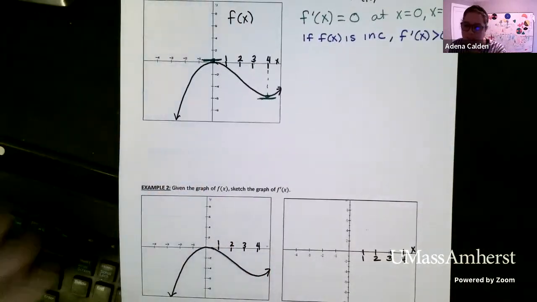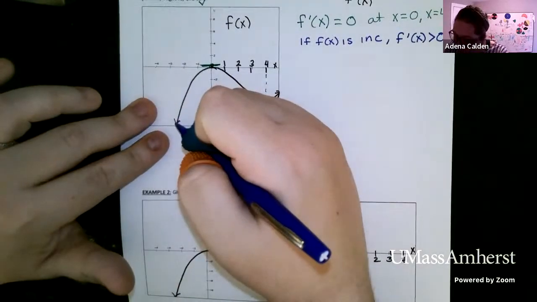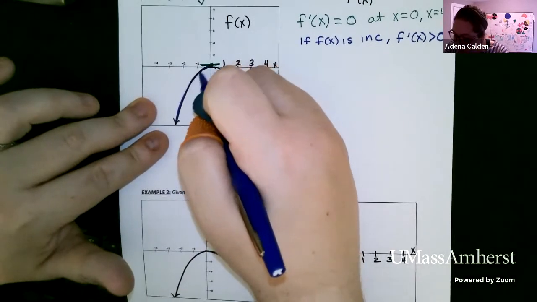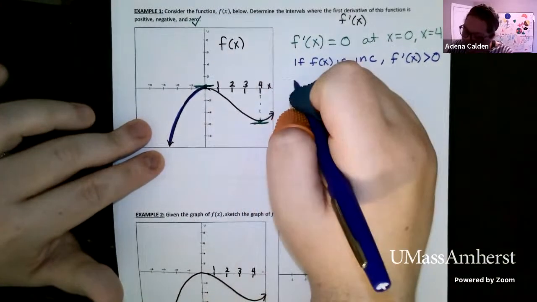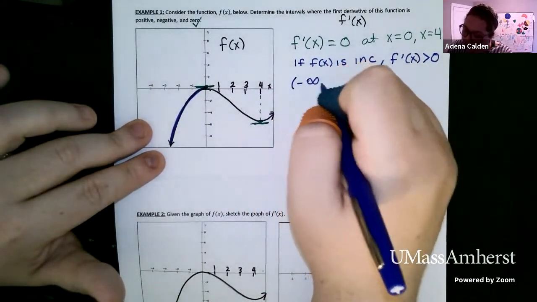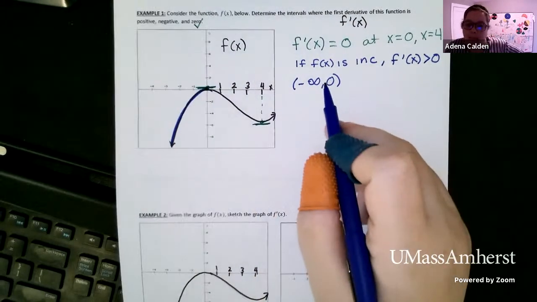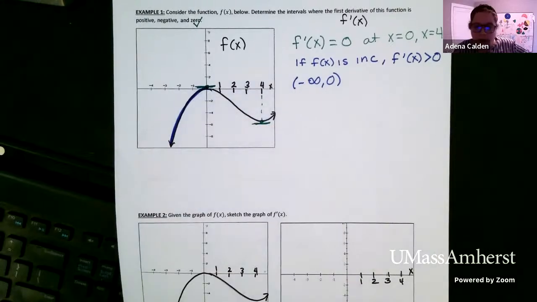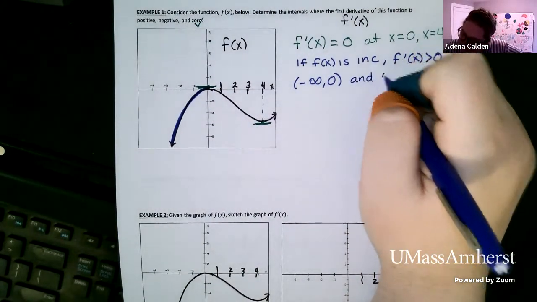Okay, so looking at this picture, I'm thinking about when I go from left to right, where is it going up? So I see that that's happening in the first part of the graph. So I'm going to say that that's happening from negative infinity until 0. And I'm using open brackets because I know that at 0, I'm constant. But it's also happening over here.